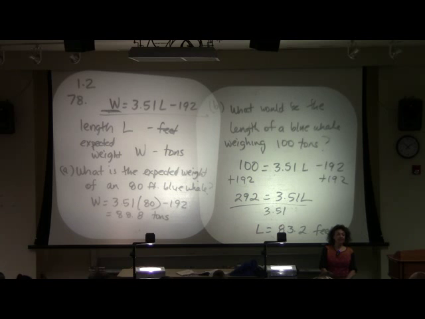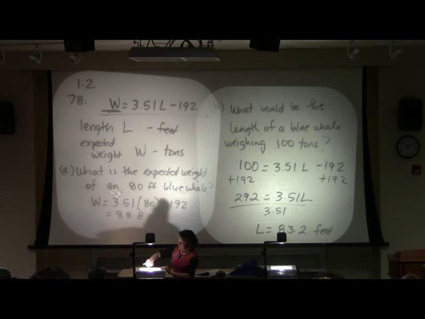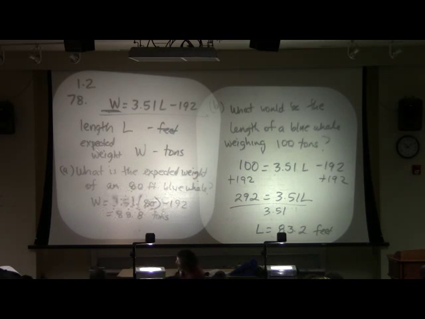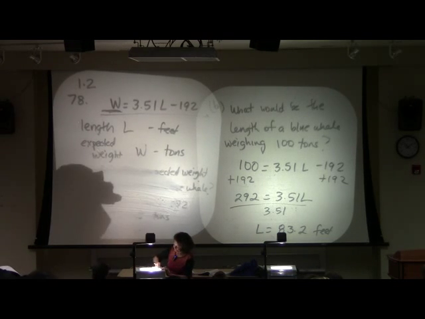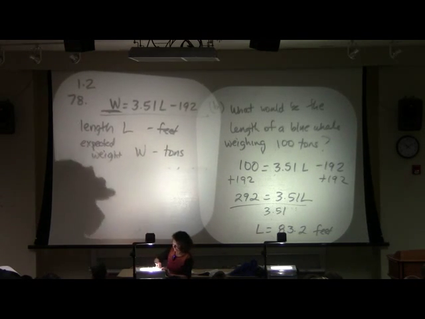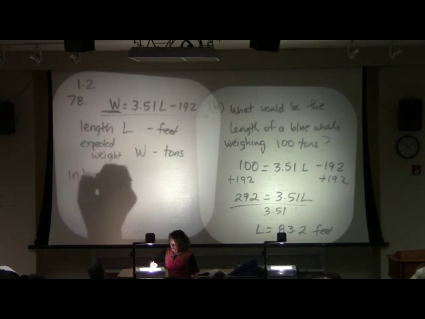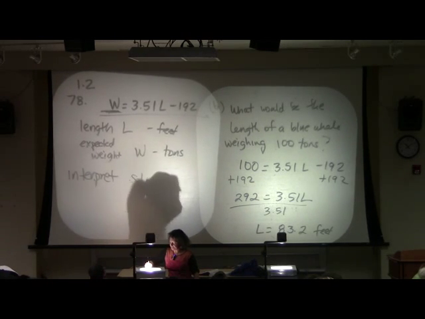You okay? All right, one more part to this problem. And this is kind of getting us into the way we're going to be looking at these lines soon enough. What if I wanted us to interpret our slope?